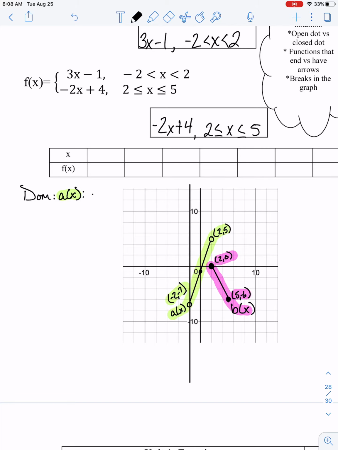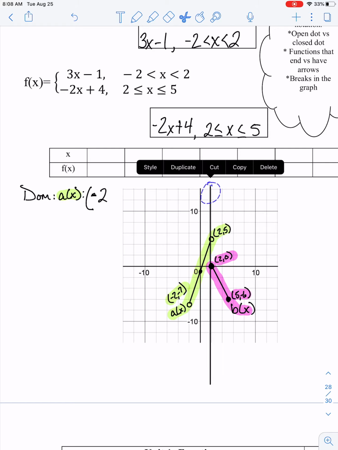So -2. It's an open dot, so it gets parentheses. Then I'm going to go all the way to the right until I stop touching the green. I'm only concerned with the green right now. So right there it stops. And it becomes 2. And I see it's an open dot, so it's also getting a parentheses.